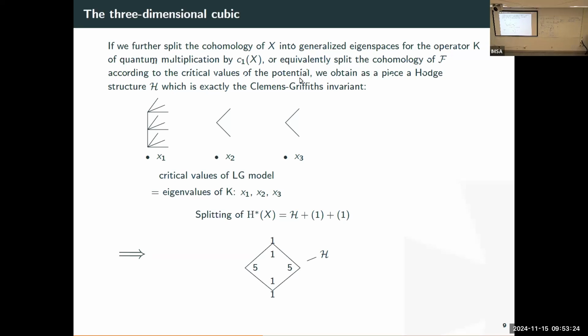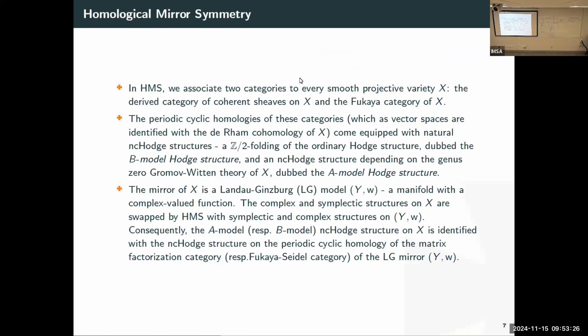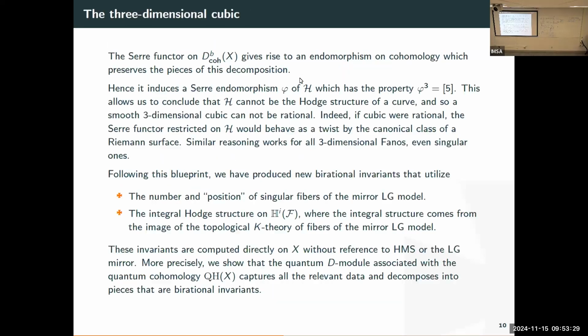All right. So already here, if you accept that this splitting is a birational invariant, which we'll talk about a little bit, you already get the whole theory of intermediate Jacobian replaced by this calculation.